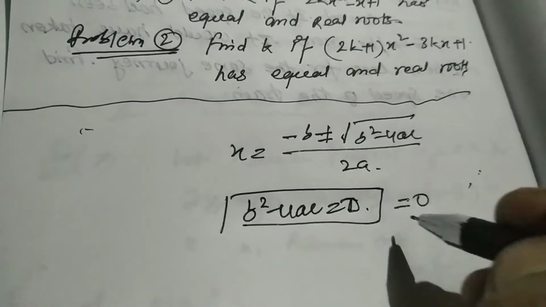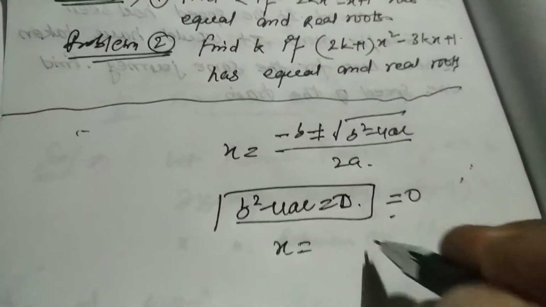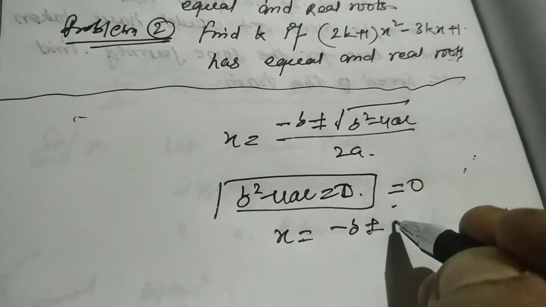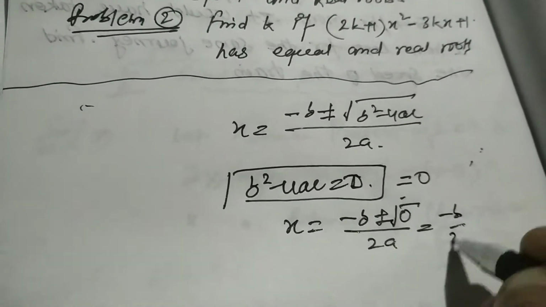If D is equal to 0, or b² − 4ac is equal to 0, then x is equal to −b ± 0 upon 2a. This is equal to −b upon 2a.